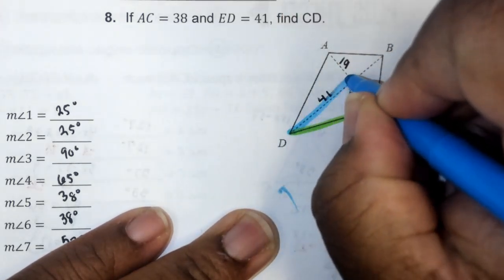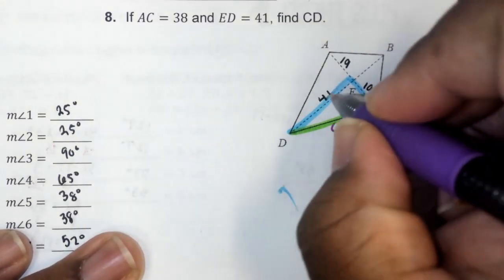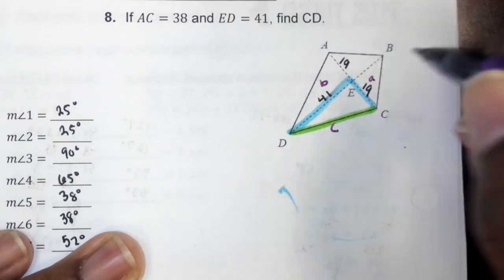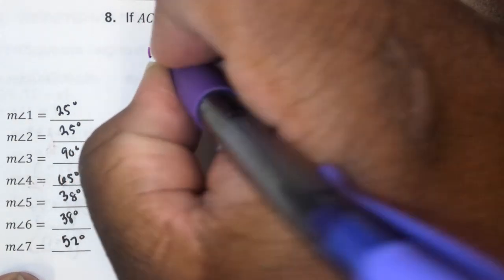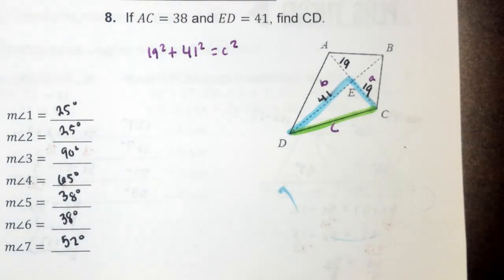Pythagorean theorem. All you gotta do is label correctly. Slanted side is C. A, B. 19 squared plus 41 squared equals C squared.